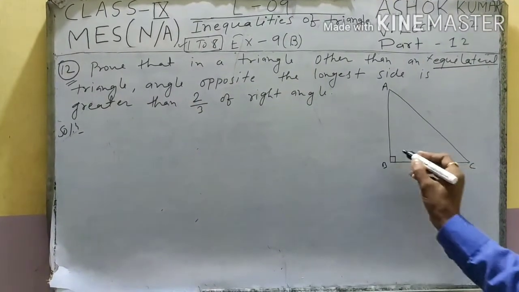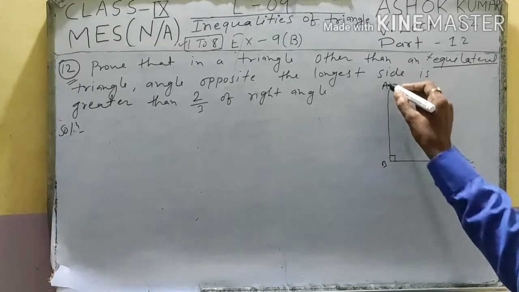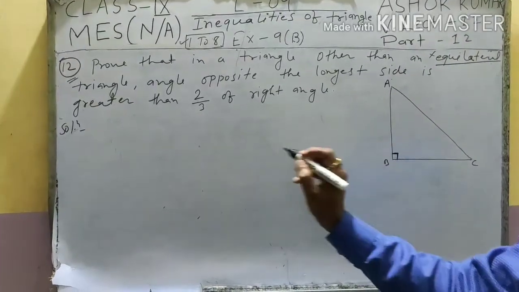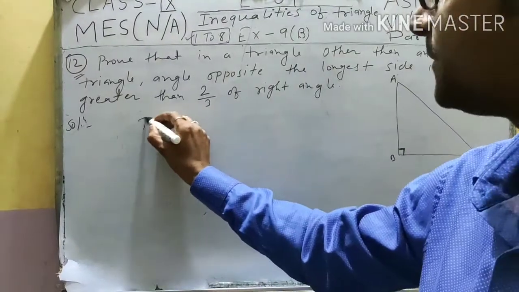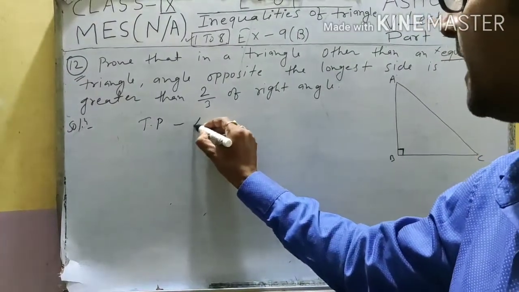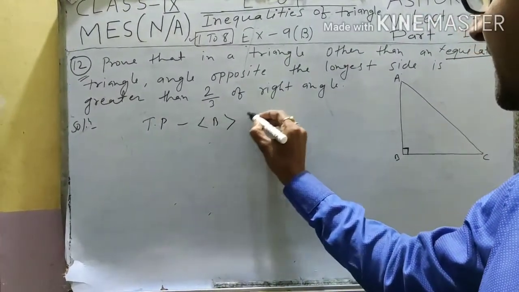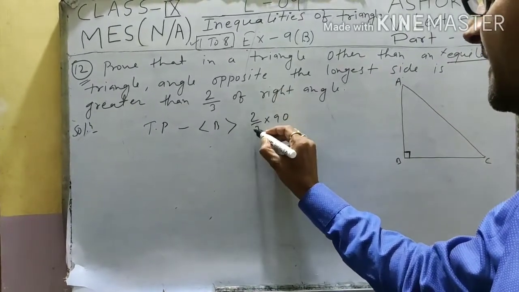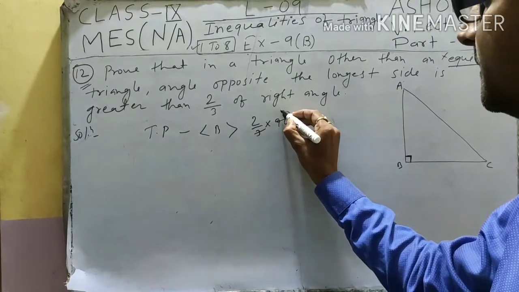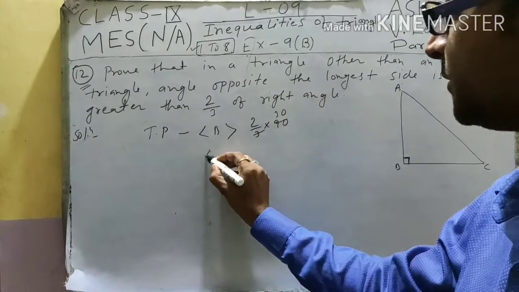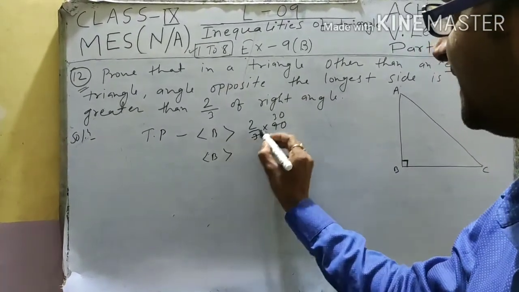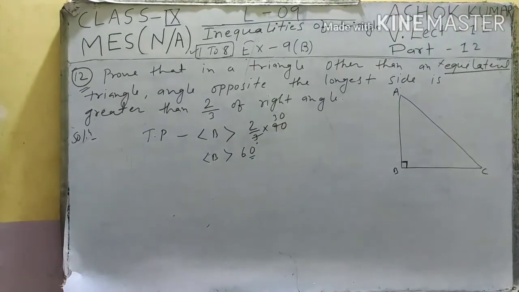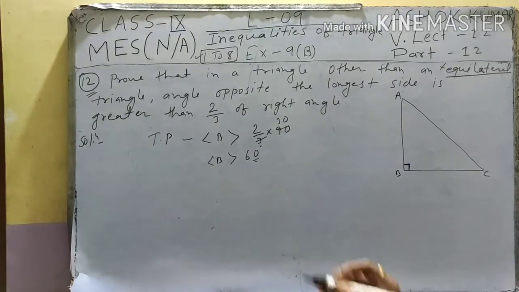Here suppose we take right angle triangle ABC, where this angle is 90 degrees. So you have to prove that angle B is greater than 2 by 3 of a right angle, that means 90 degrees, so angle B is greater than 60 degrees.